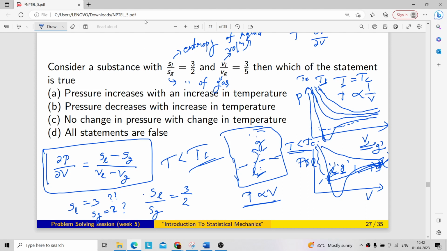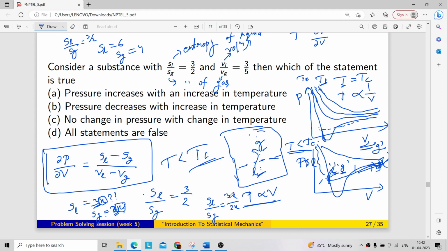We can have a situation where SL is 6 and SG is 4. In that case also, SL over SG has the same ratio, 3 over 2. So I can't write SL as 3 and SG as 2, but I can write SL as 3x and SG as 2x, where x is some arbitrary number multiplied on both, so that the ratio will always be the same. Let's see, 3x over 2x.